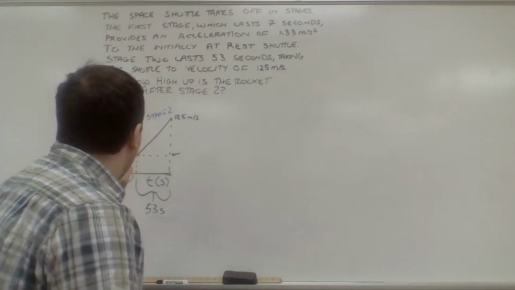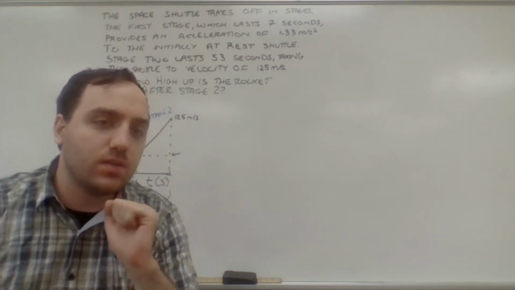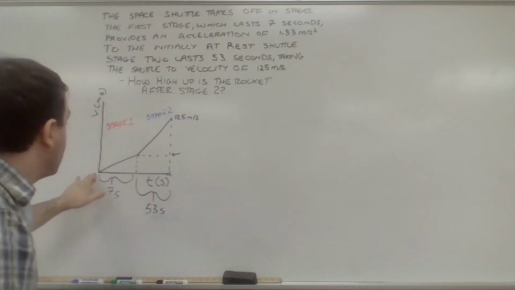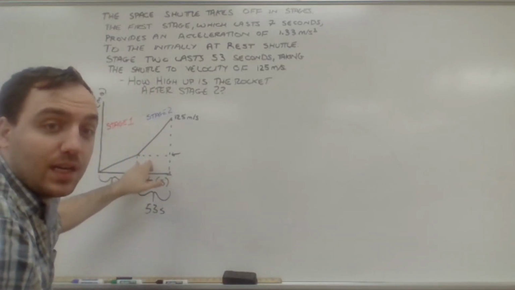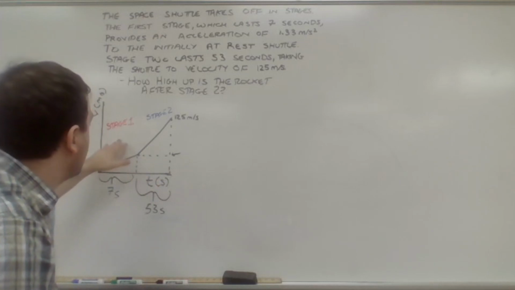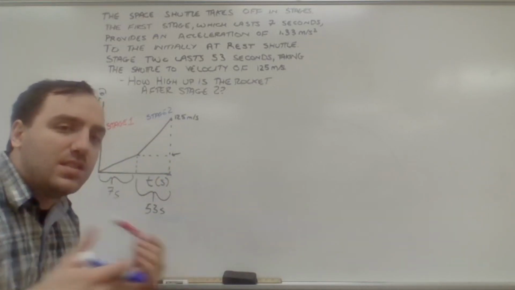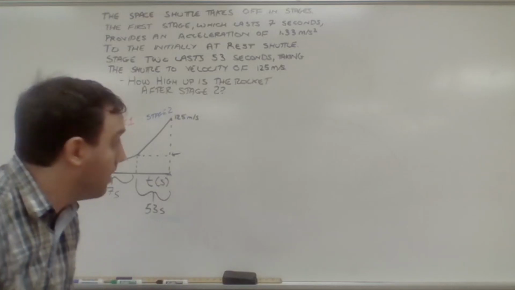In short, whenever the acceleration changes, you need to use a different set of equations, or you have a different set of givens. My initial velocity here is not my initial velocity here. Stage 1's initial velocity is not stage 2's. There's another way to say that, but there are some things we can carry over between the problems.